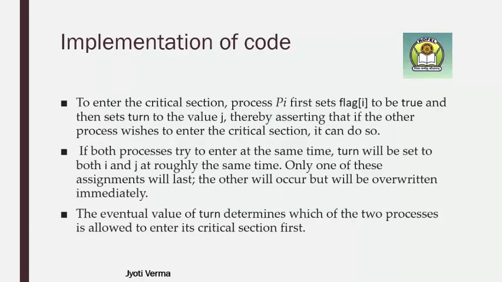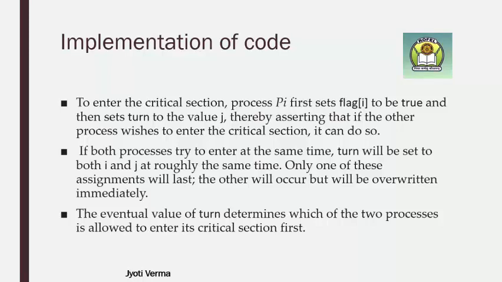Implementation of the code. To enter the critical section, process Pi first sets flag[i] to true and then sets turn to the value j, thereby asserting that if the other process wishes to enter the critical section, it can do so.